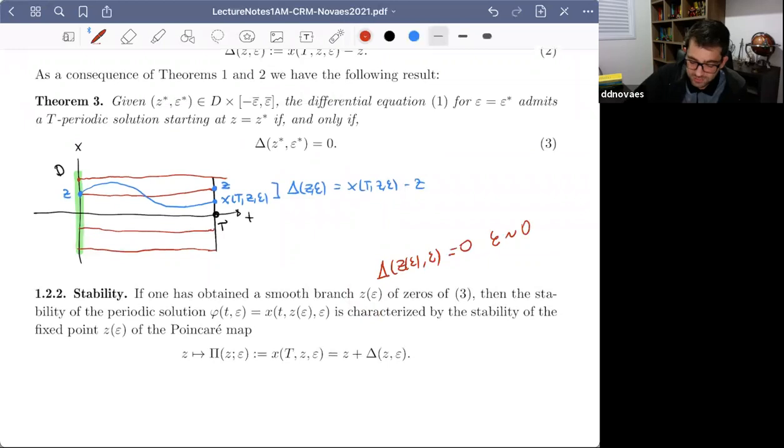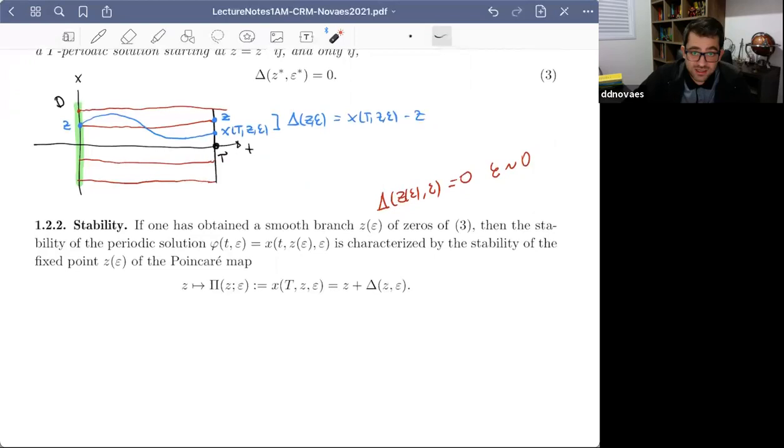Then for each epsilon close to 0, we have an initial condition that gives a periodic solution. Since I have a periodic solution, we can define the Poincare map around it. The stability of the periodic solution is characterized by the stability of the fixed point of the associated Poincare map.